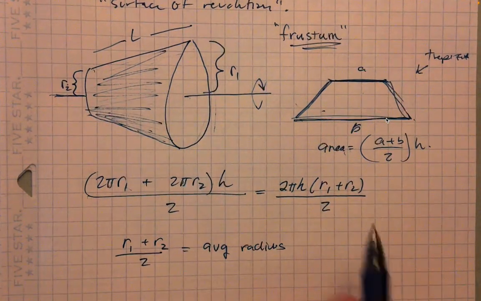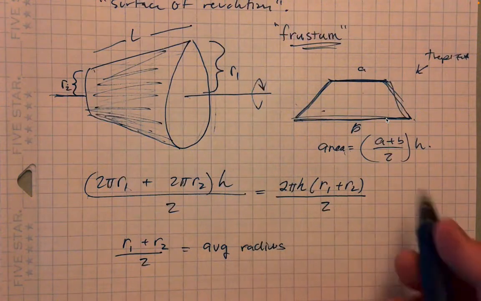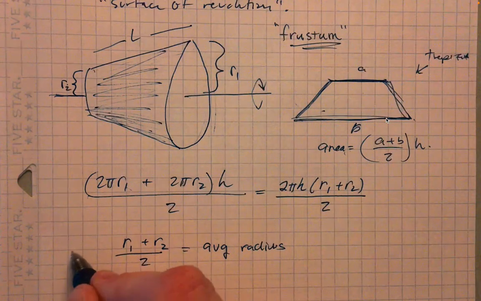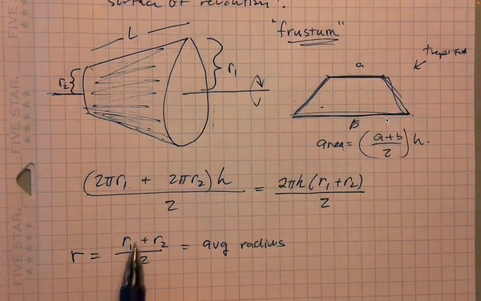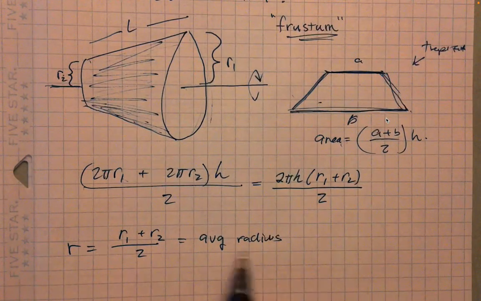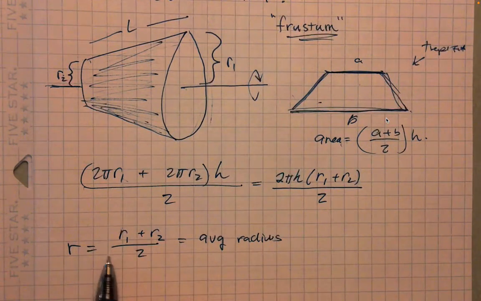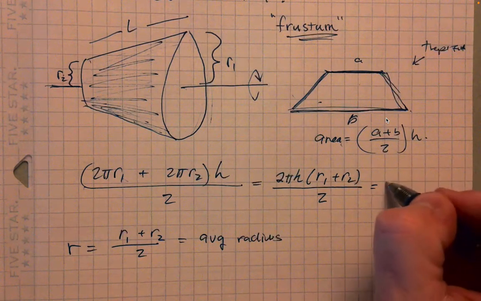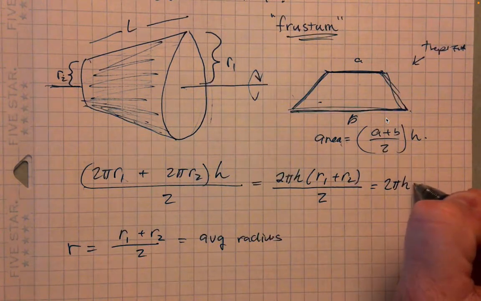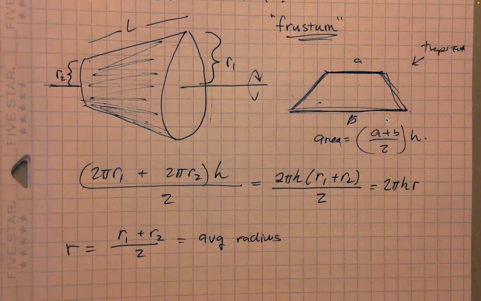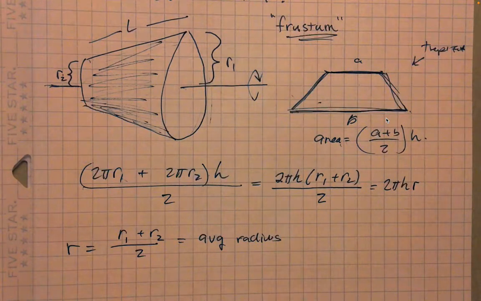And so instead of canceling the 2's, I want to say let r equal r1 plus r2 over 2. Okay, so if I do that, then this becomes 2 pi h times r, right? Where r is this average value.